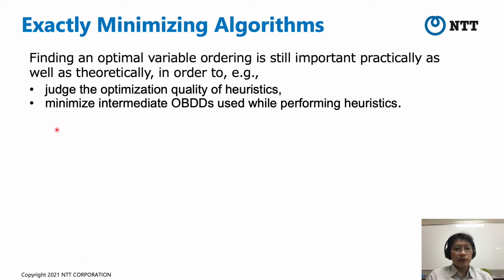Finding optimal variable ordering is still important practically as well as theoretically in order to judge the optimization quality of heuristics or minimize intermediate OBDDs used while performing heuristics.